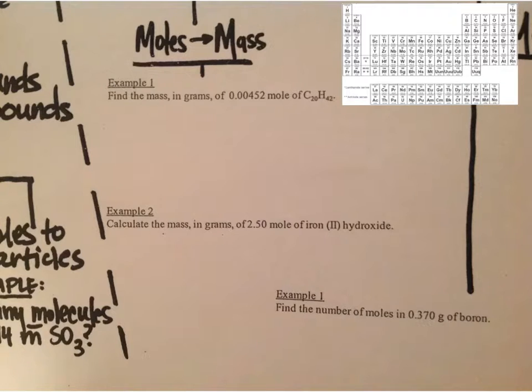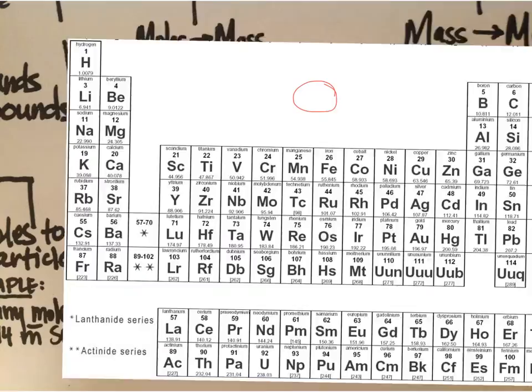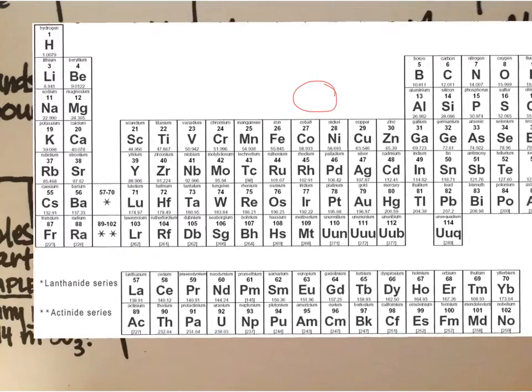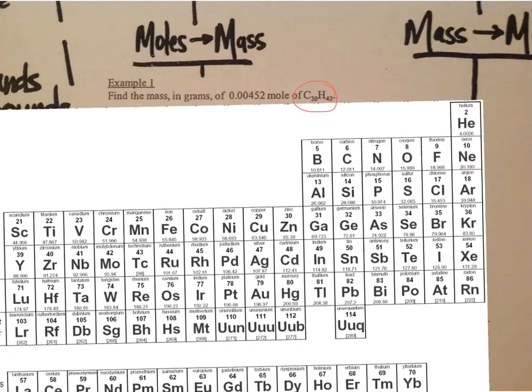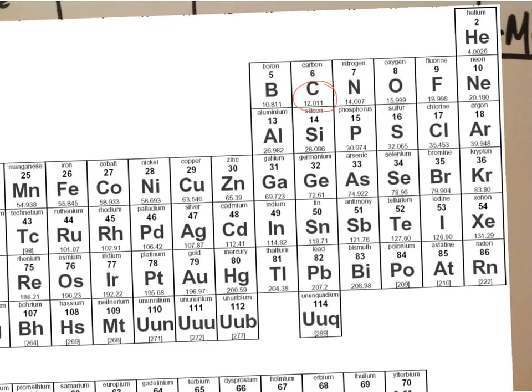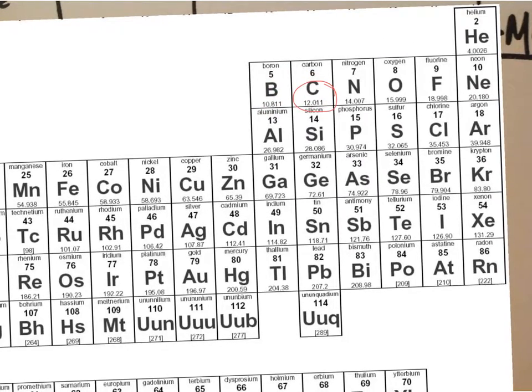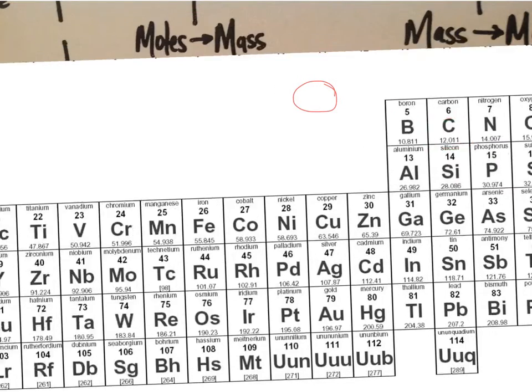here's the same problem with the C20H42. If I look on my periodic table, we can look for carbon because it's C20H42. Carbon right here has an atomic mass of 12.0.